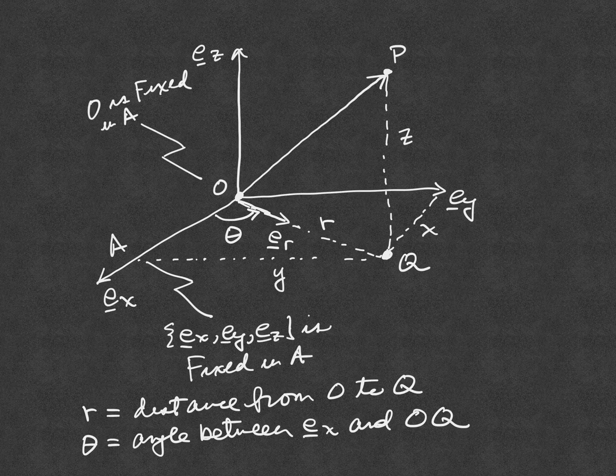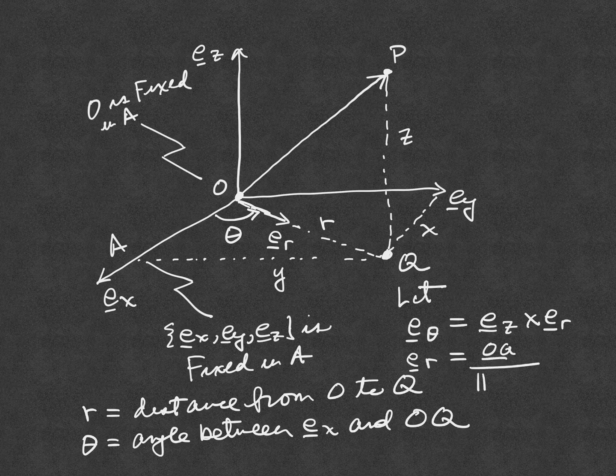Nothing changes with EZ. And I'm going to define a new vector from ER, which is going to be the cross product of EZ with ER. So I'm going to say let E theta equal EZ crossed with ER, where ER is this unit vector along OQ. ER is equal to, I can call it OQ, that vector, divided by its magnitude.